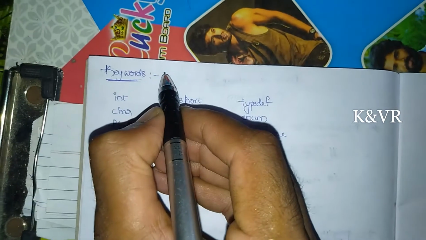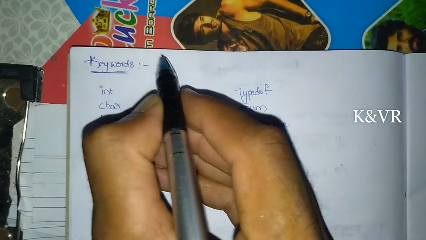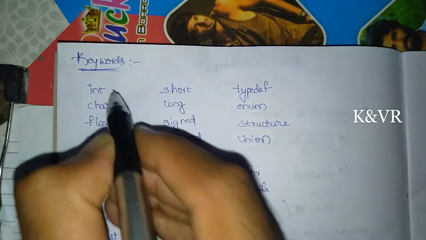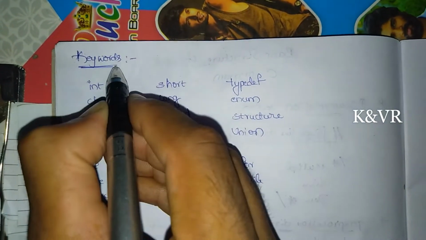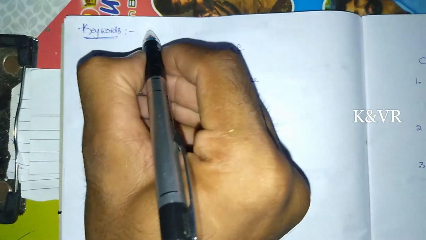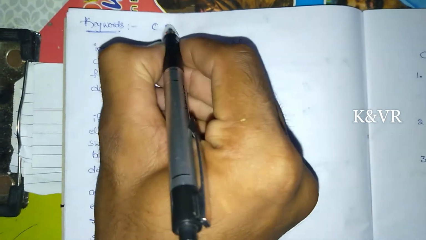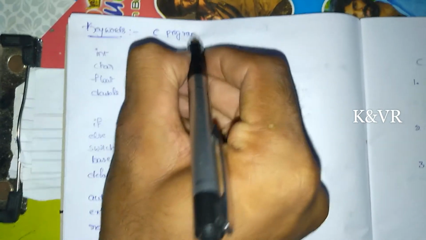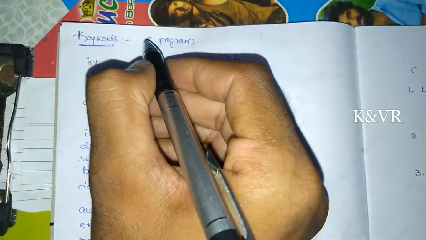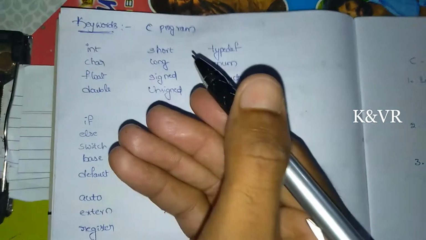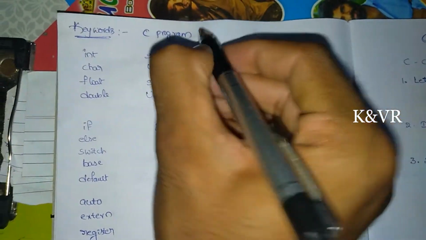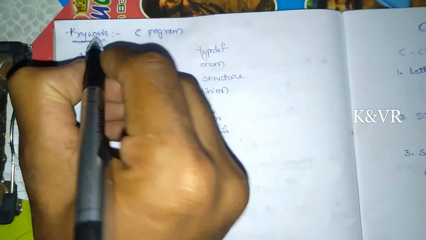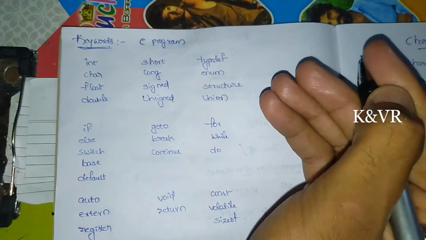What is a keyword? A keyword is a C token which has a fixed meaning. It means we cannot change the value or the meaning of this word. When writing a C program, every word is classified as either a keyword or an identifier. A keyword has a specific meaning and we cannot change it.